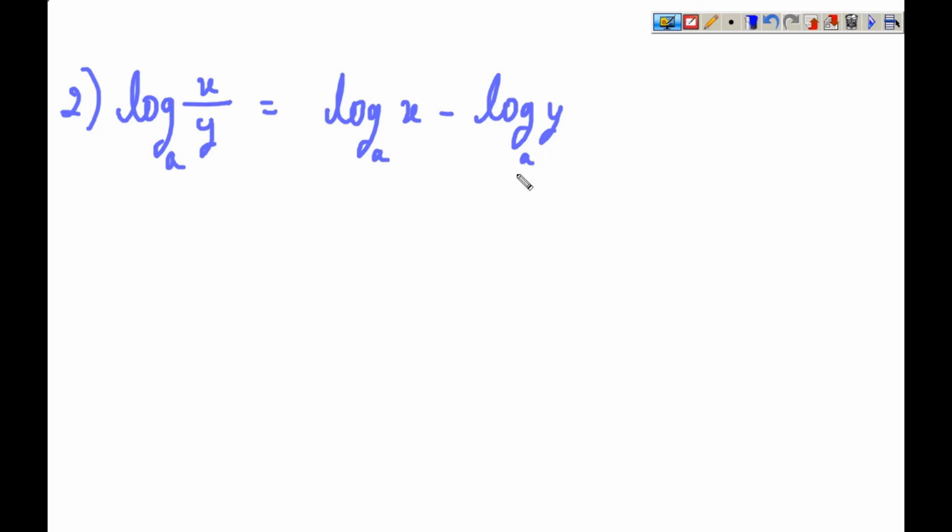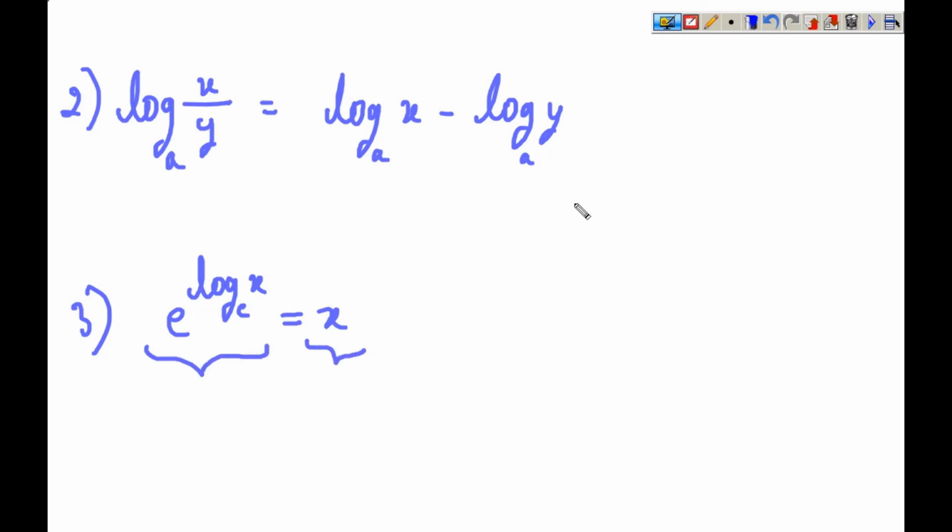Another property using the exponential number is e raised to the power log to the base e of x, and this whole thing is equal to x itself.